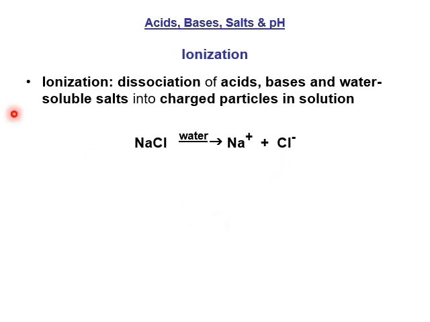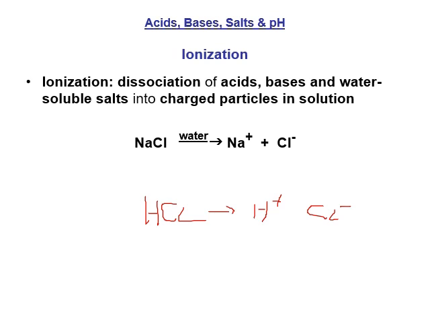It's ionized. You can see the same thing if I used hydrochloric acid. If I put that in water, it's going to turn into hydrogen cation and chlorine anion. The same would happen with bases too. So ionization is just that dissociation.